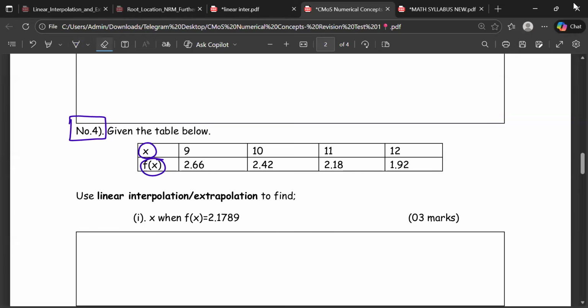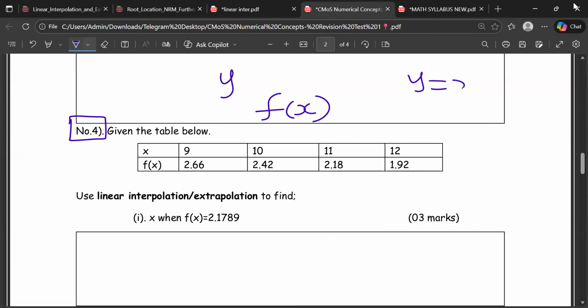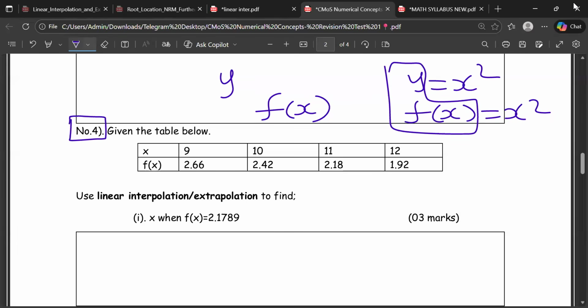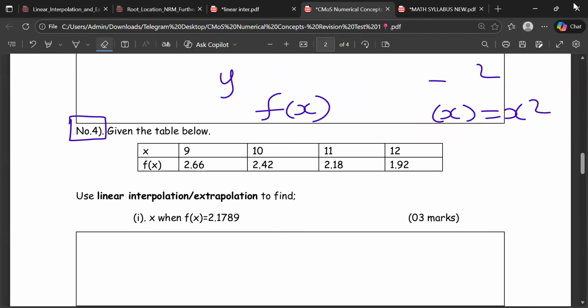And you all know from differentiation that y is the same as f of x. Because when they say y is x squared, I can come and say the function in x is x squared. That means y and f of x are the same. So don't overthink. They usually give you that. However, they can change the trends, as we are going to see.